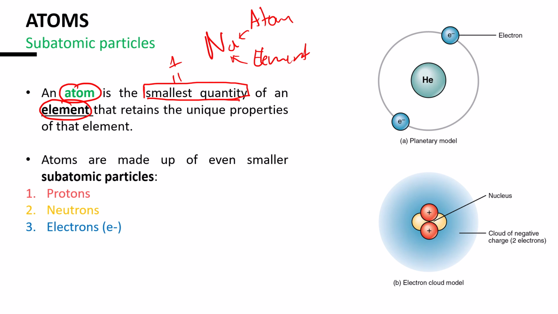During class, I like to use this analogy to describe the difference between an atom and an element, using sand as an example. If you go to the beach and grab a bucket full of sand, you have a bunch of sand that is equivalent to an element. And if you take from that bucket a single grain of sand, that is an atom.